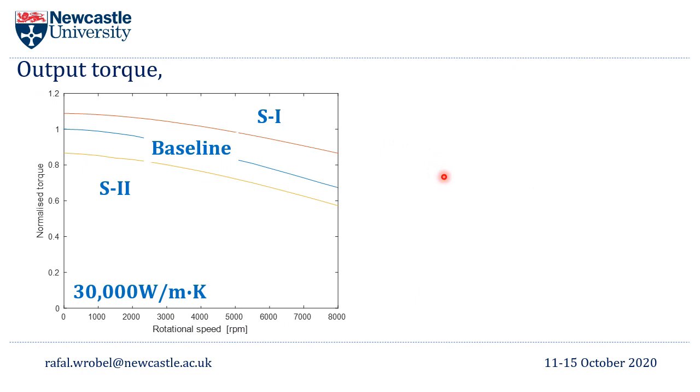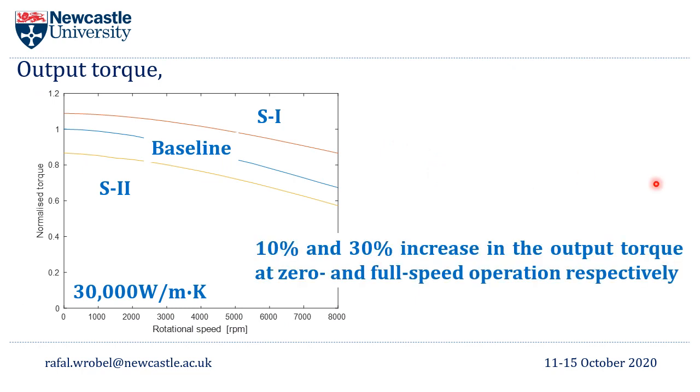Again, here we're analyzing this more realistic scenario where we have imperfect contacts, and the results suggest a 10 to 30% increase in output torque depending on operating speed. System 2 here underperforms, but it depends on what is compared here. Perhaps if comparing complete assembly power density, system 2 might be comparable or better than the baseline one.